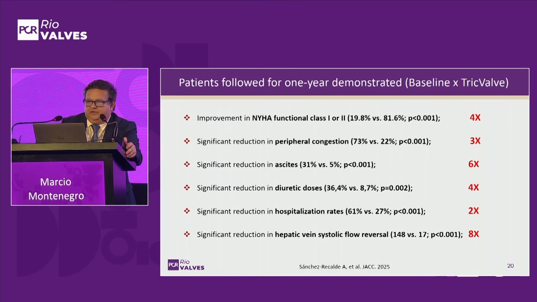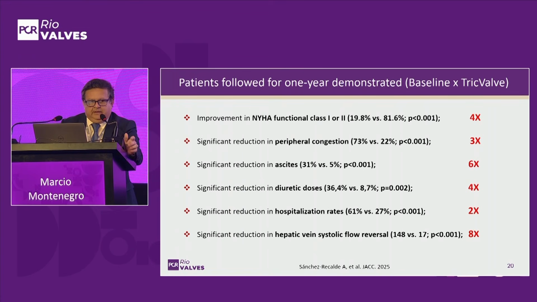The patients followed for 1 year demonstrated, baseline versus TricValve, a fourfold improvement in New York Heart Association functional class 1 or 2, a threefold significant reduction in peripheral congestion, a sixfold significant reduction in ascites, a fourfold significant reduction in diuretic doses, a twofold significant reduction in hospitalization rates, and an eightfold significant reduction in hepatic vein systolic flow reversal.